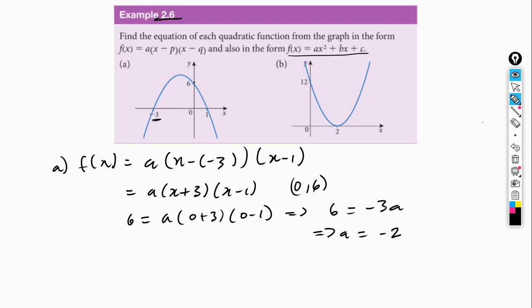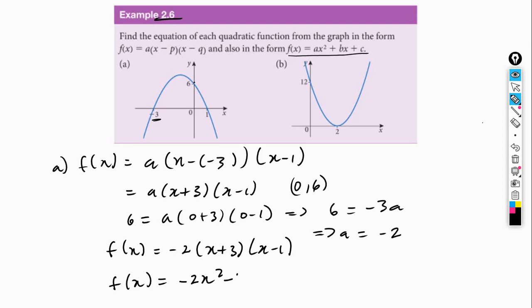And now we have the function. It's going to be f of x is equal to negative 2 times (x plus 3) times (x minus 1). And then the standard form would simply be the result of expanding this and multiplying by negative 2. So when you do that, you're going to get negative 2x squared minus 4x plus 6.